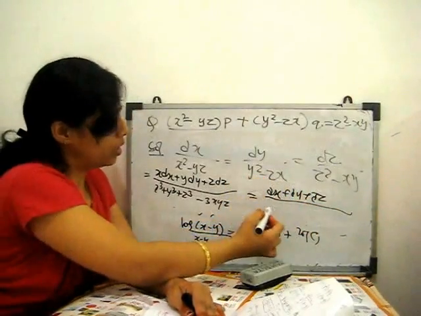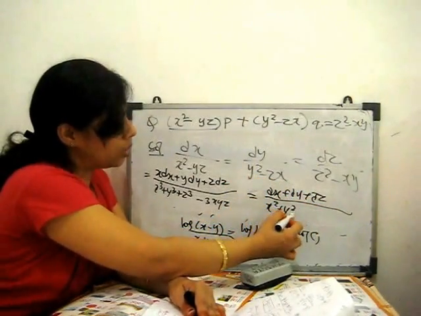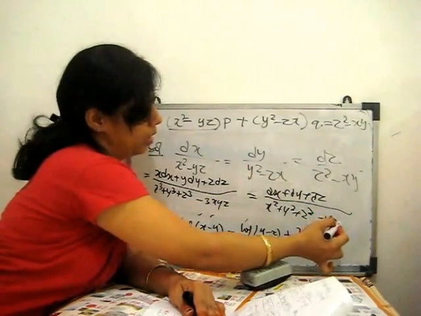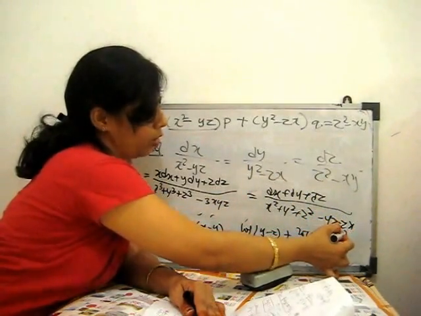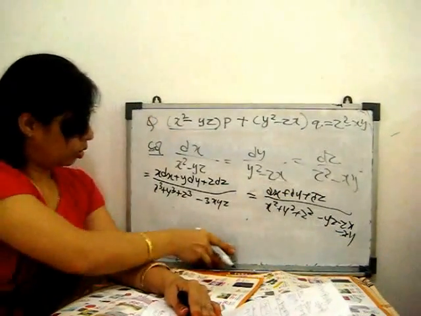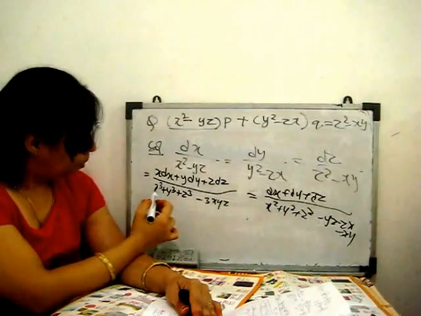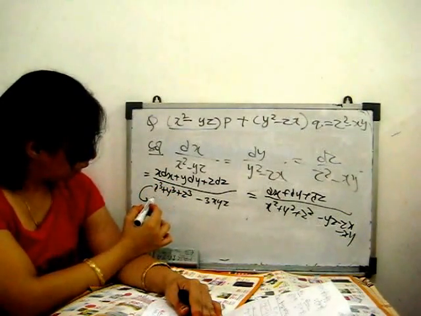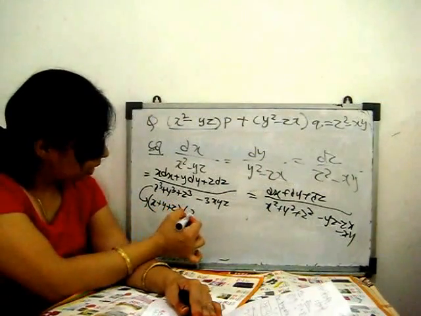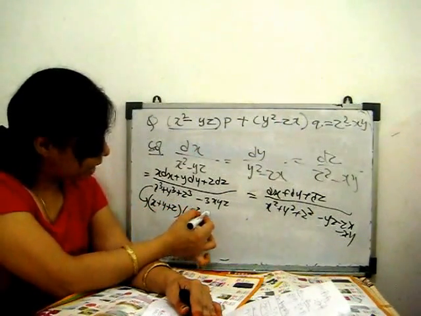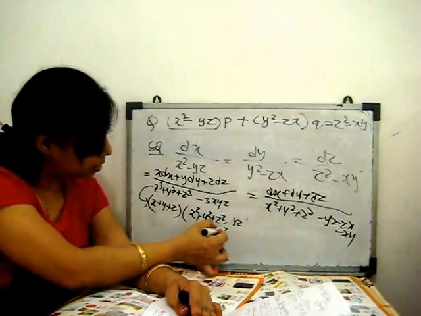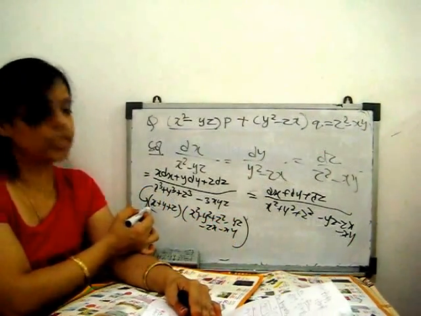See, this is x square plus y square plus z square minus yz minus zx minus xy. Clear? Now both don't have a sign, but we can rewrite this expression as x plus y plus z multiplied with x square plus y square plus z square minus yz minus zx minus xy. This and this are equal.